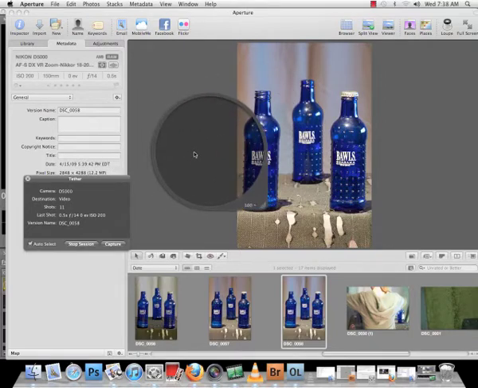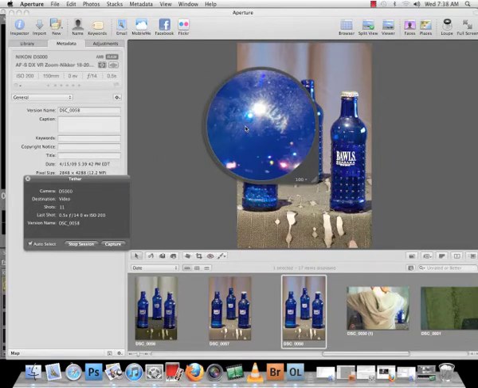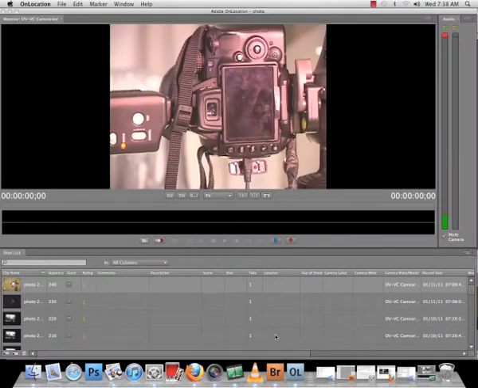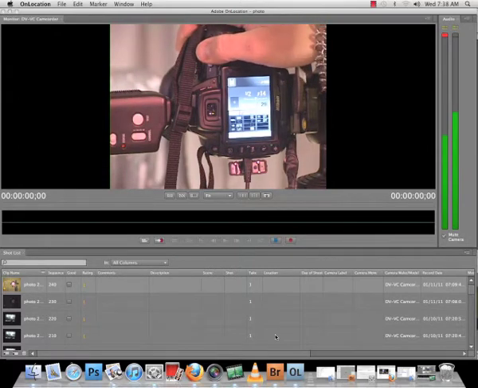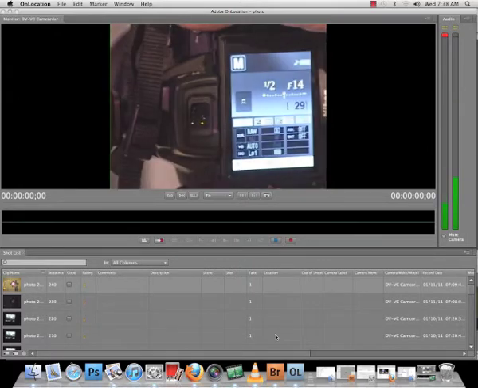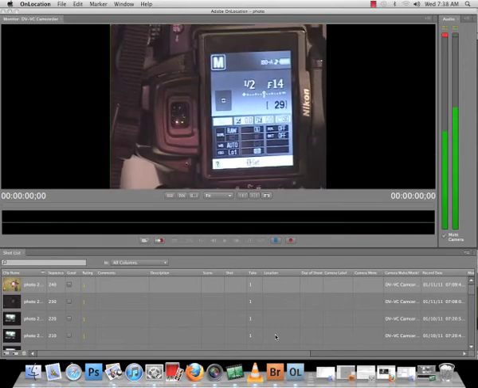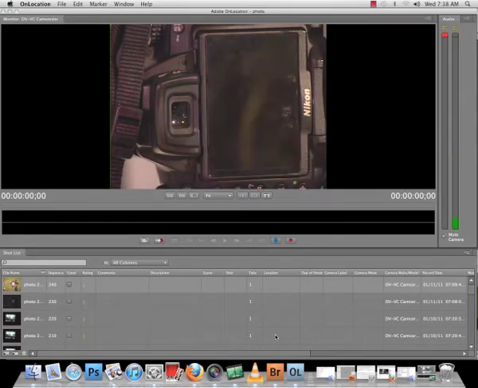Now, let me introduce shutter speed to the equation. Let's go back to on location. In my humble opinion, there is only 2 shutter speeds that I ever worry about.